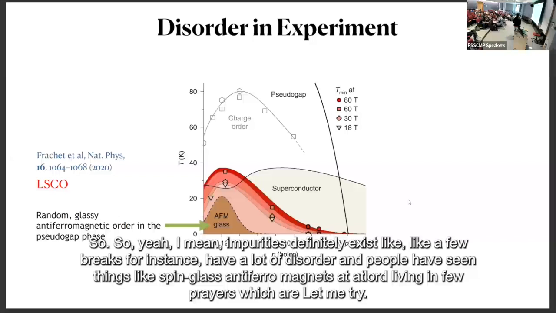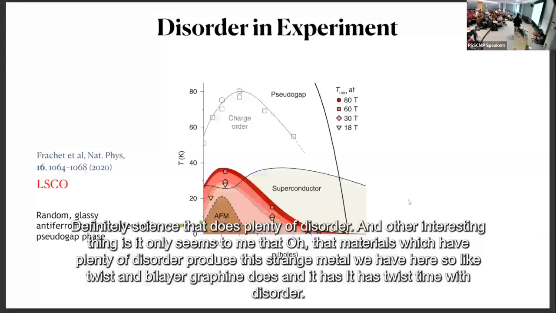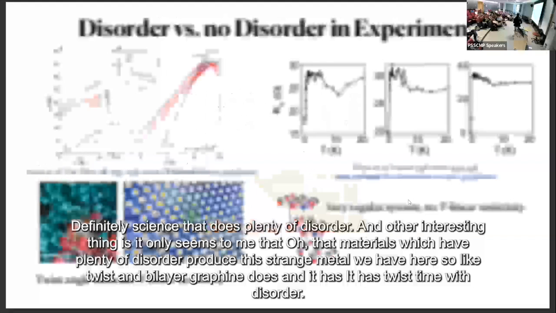I mean, impurities definitely exist; cuprates, for instance, have a lot of disorder, and people have seen things like spin glass antiferromagnets at low doping in cuprates, which are definitely signs that there's plenty of disorder.